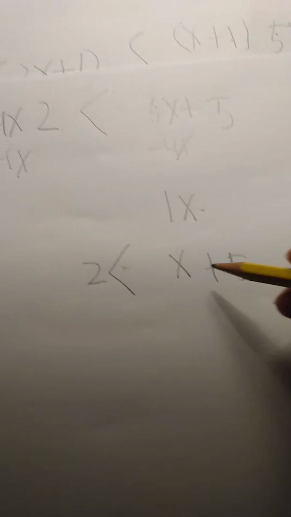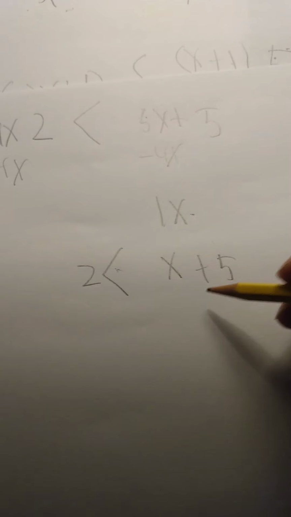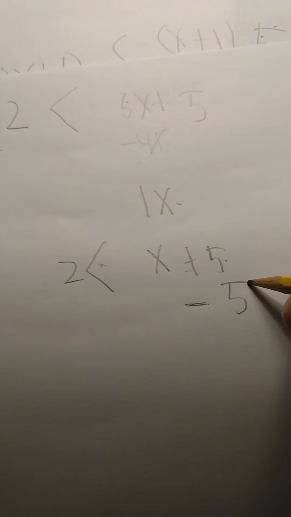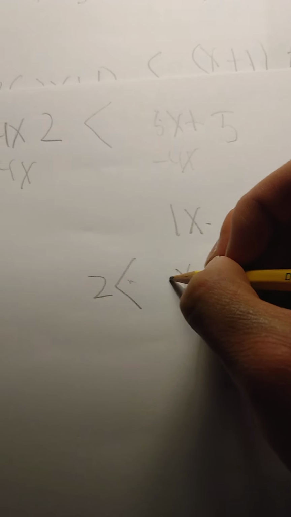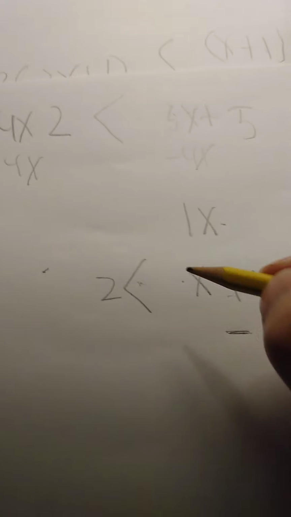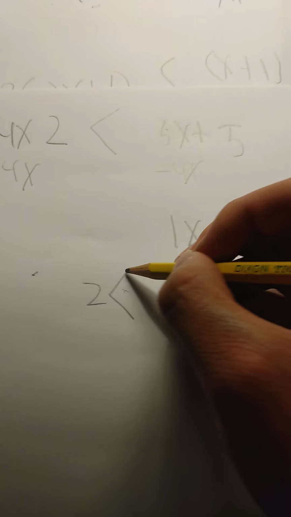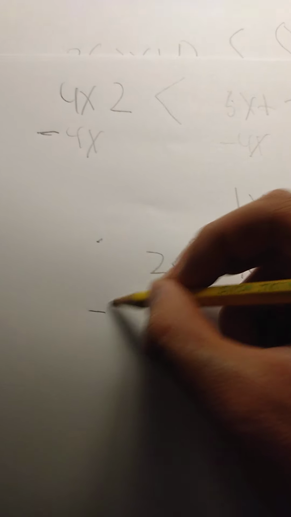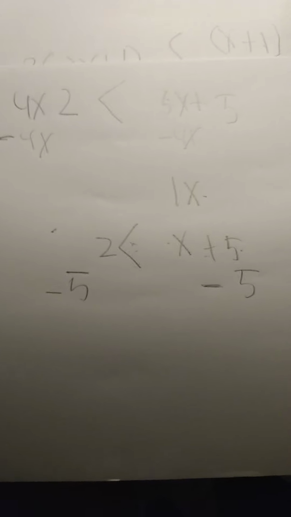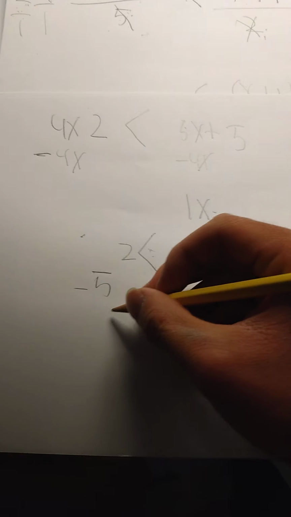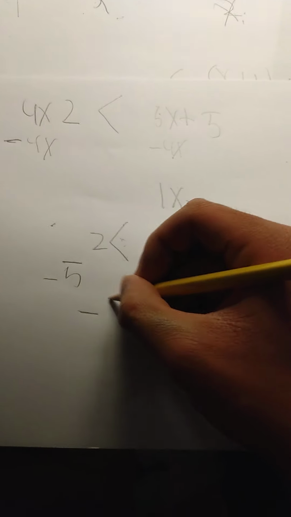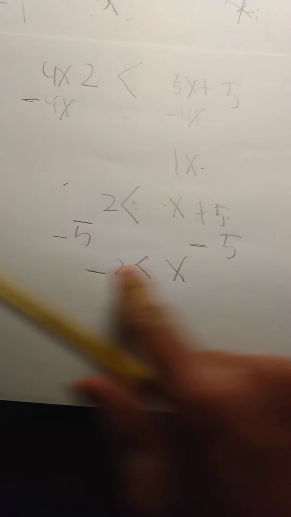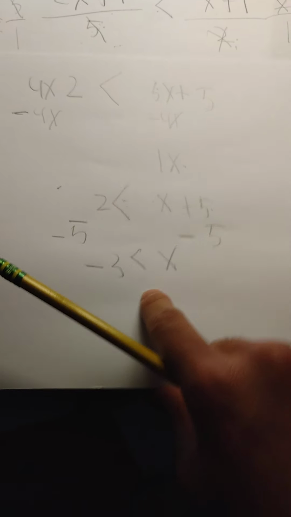So that positive 5 is going to be minus that by 5. They have to be isolated by this COVID-19 shield, for example. So if we minus this by 5, we will be getting negative 3 is less than x. So that's our simplest form.